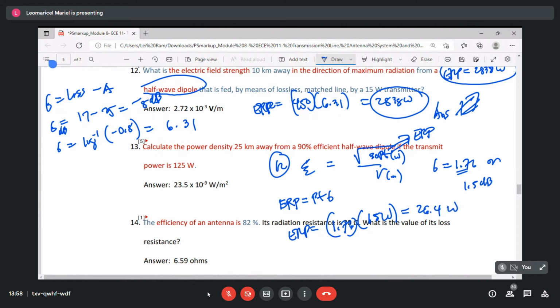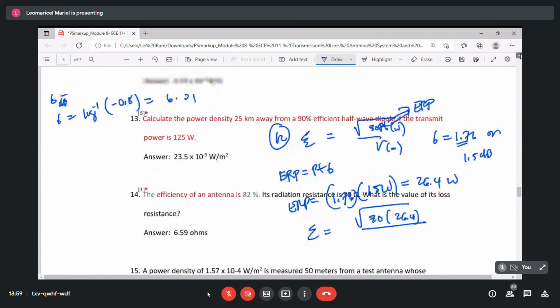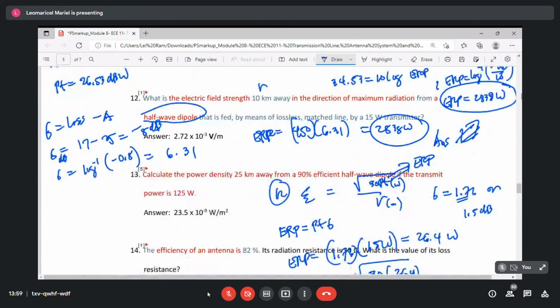26.4 watts. Now, kung gagamitin natin yung formula that the electric field intensity is square root of 30 PT, is equivalent to ERP since half-wave dipole, multiply mo siya ng 26.4 all over radius. Ang radius ay ilan? 10 kilometers.